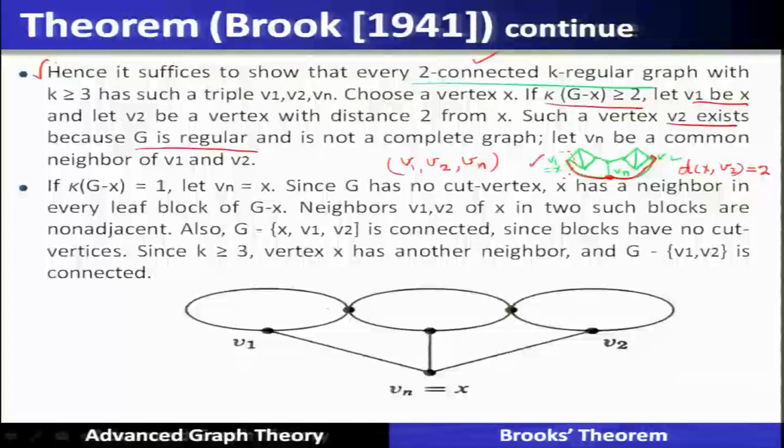So, k means the maximum degree, big delta of G, of a graph. Now, let us see the case where kappa of G without x is equal to 1. Let us take another example graph.